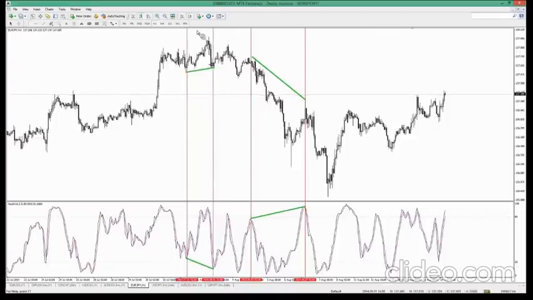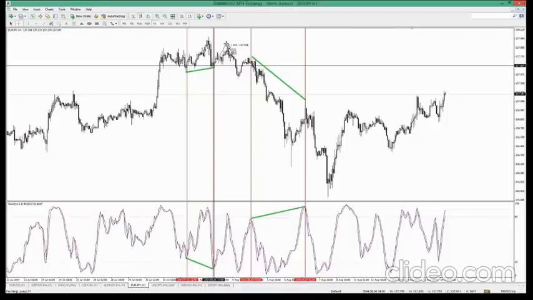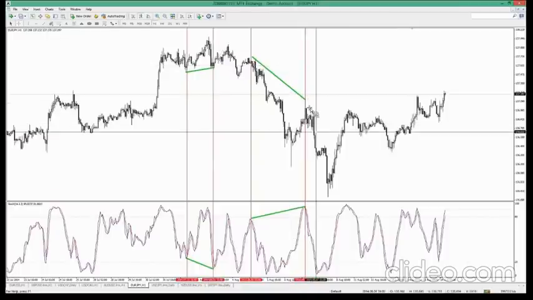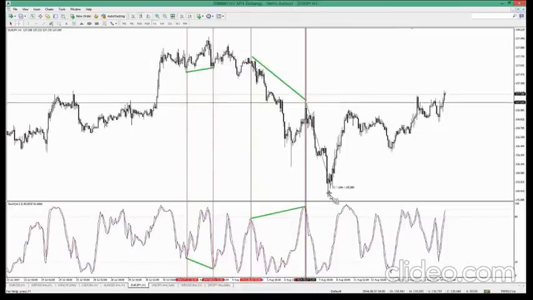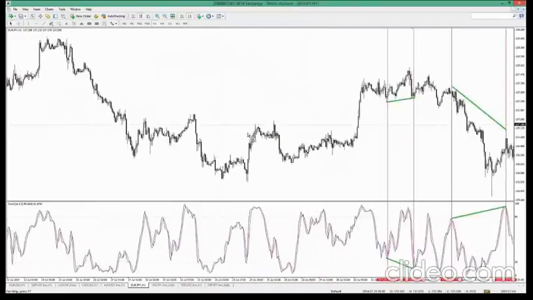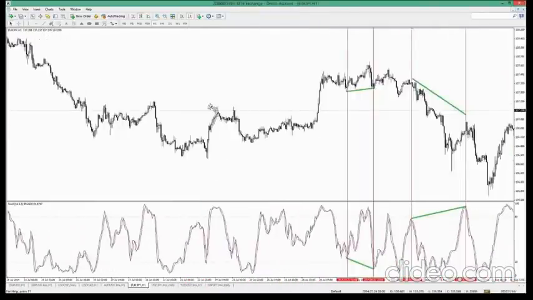Okay, and you'll see that what happens after that, we get a pop up. In this case, we get a nice collapse. Again, let's have a look and see. This is a great example here.